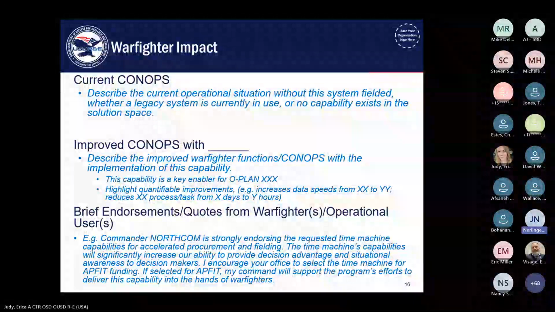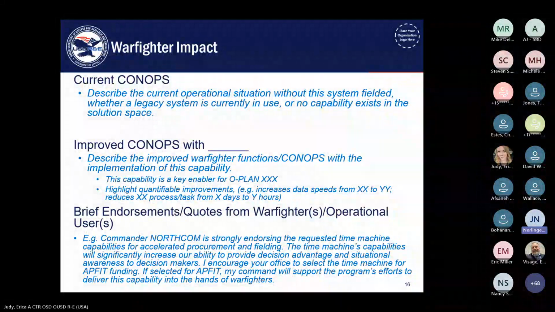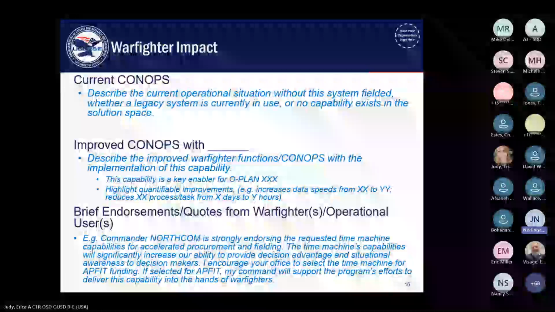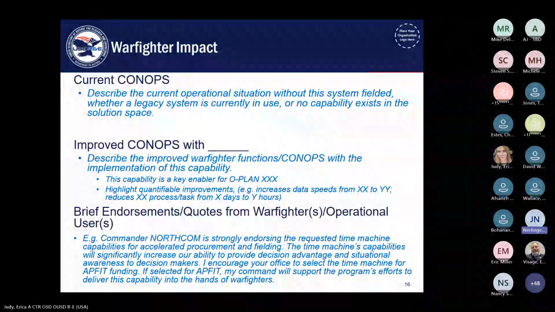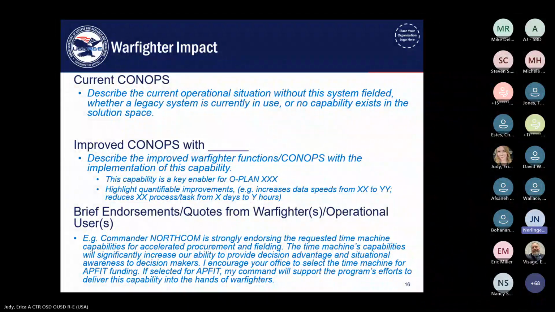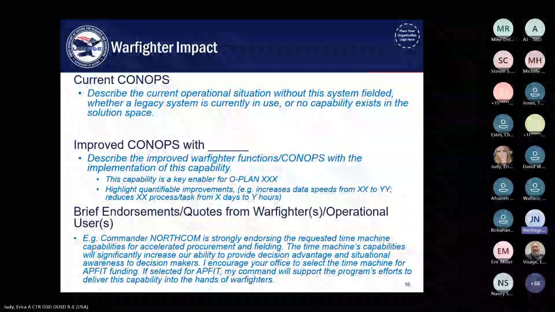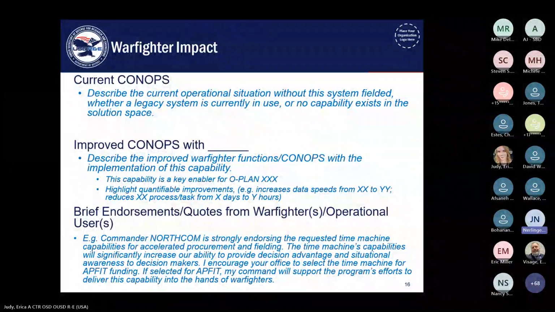Last section down below there, I'll piggyback off of what Devin said. So here you want to place some either brief endorsement quotes or at least a list of organizations that endorses your capability. And kind of like Devin alluded to earlier, if you're a service submission, absolutely highlight a warfighter perspective here with something like a quote.